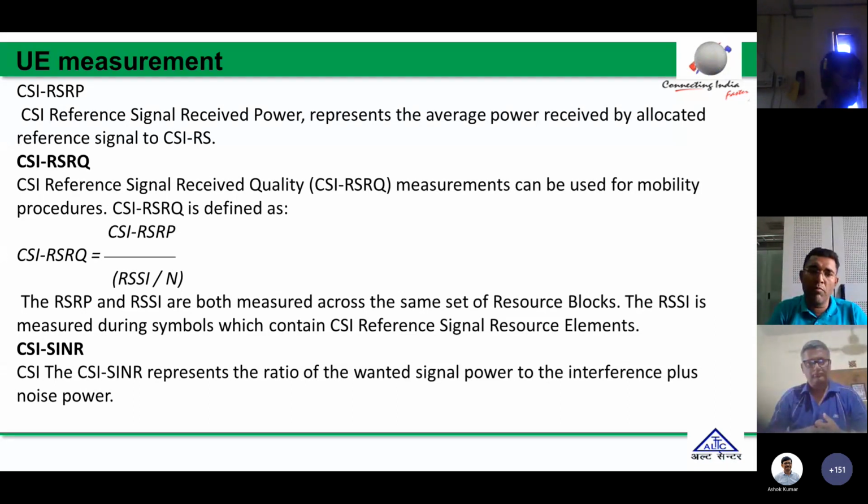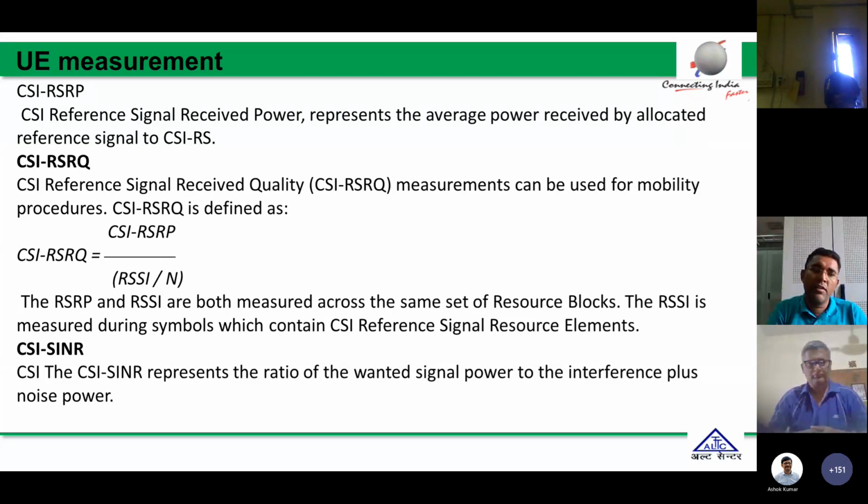CSI-RSRQ, in a similar fashion, also represents the loading: the CSI-RSRP divided by the received signal strength indicator per block, right? The unit of CSI-RSRP is dBm because it is absolute power. CSI-RSRQ and CSI-SINR are relative to a reference power, that is, they are relative power.